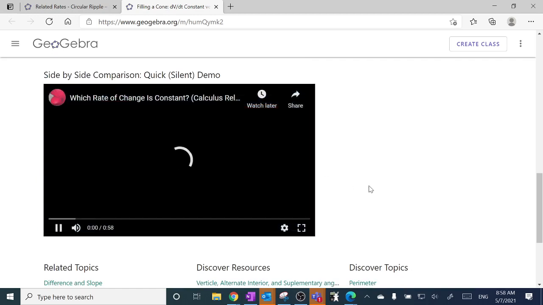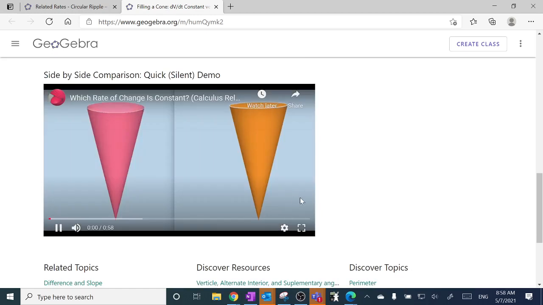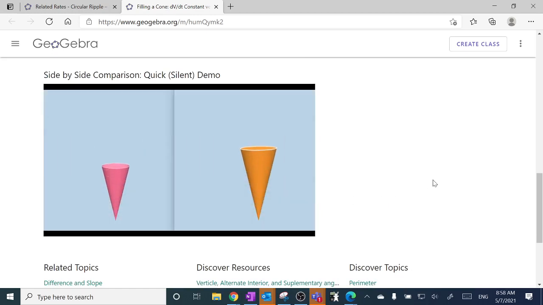Let's see if this works. They're not going to make us watch an ad, are they? Okay, there we go. So again, what's the difference here? The one on the left, the height of the water is the constant change. And on the right, the volume being dumped into it is the constant change. Notice there is a difference there, right?